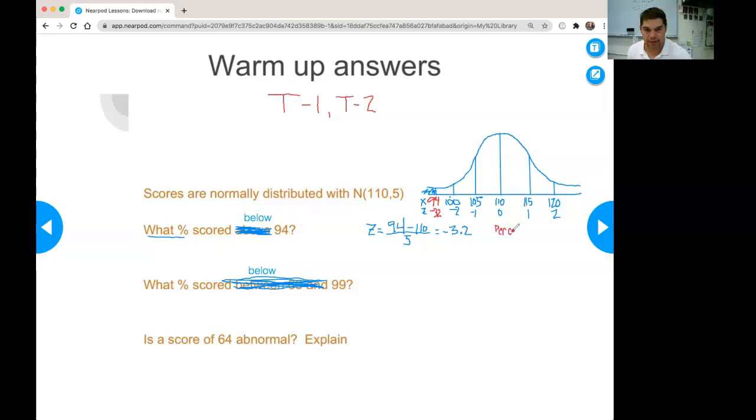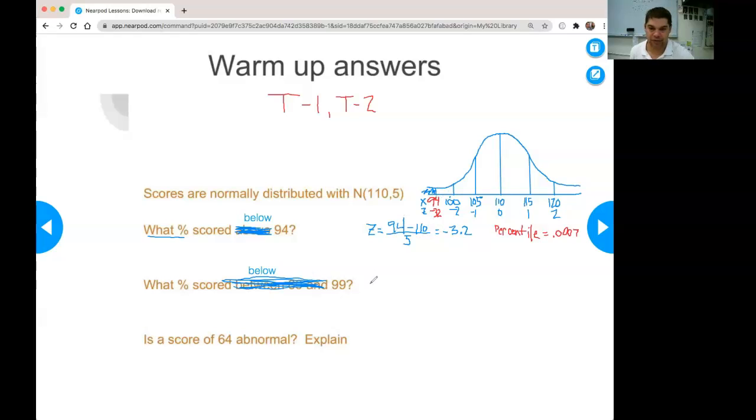Percentile is a hard word to write with your mouse. Is 0.0007. There we go. Or if you're writing as a percentage, 0.07%. Okay, that's the area under the curve over here.